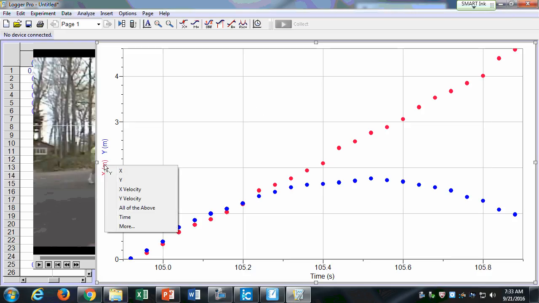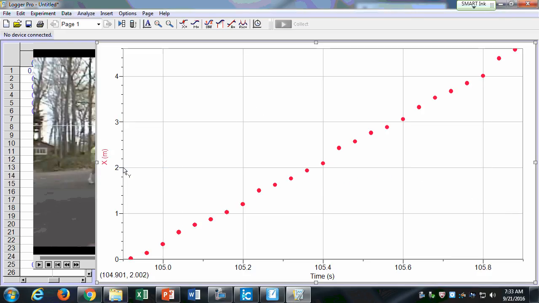Okay, so first of all, if I just show the x position, and you have a plot of this in your book, what can you think about the slope of this graph? It has a positive slope, and is the slope increasing, decreasing, or staying the same? Staying the same. So that means the acceleration of this object is 0, right?